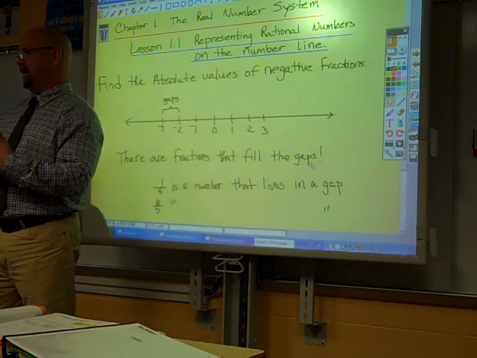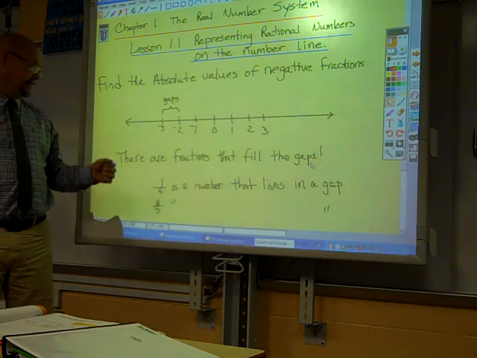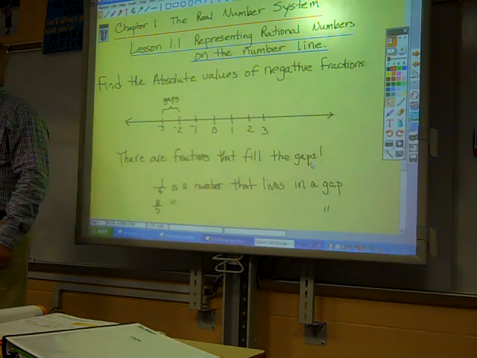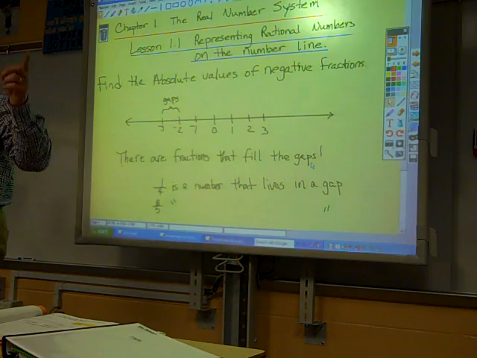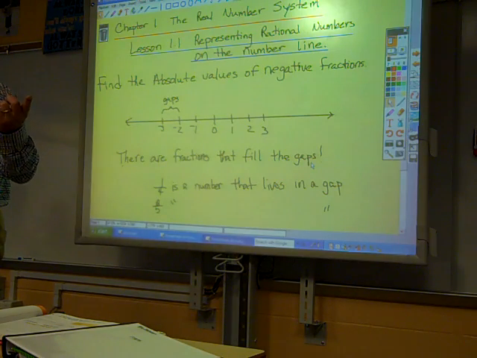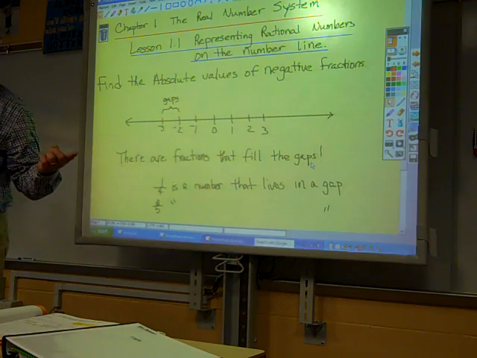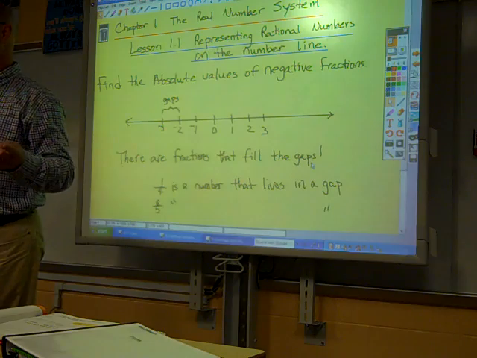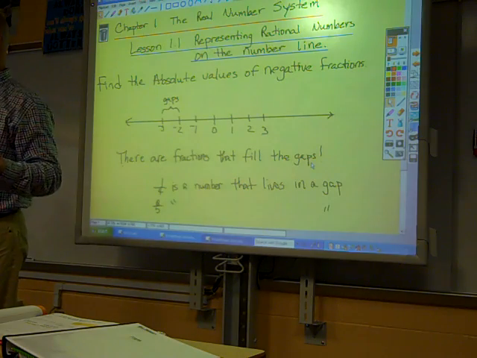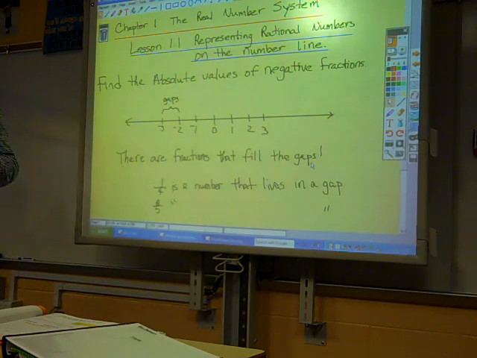That's what we're going to start investigating. I'm sure a lot of you already have some ideas about that. Same as 2/5. 2/5 is a proper fraction, so you know it lives where? We've answered this 3 times now, so more of you should know. Between 0 and 1. Excellent job.